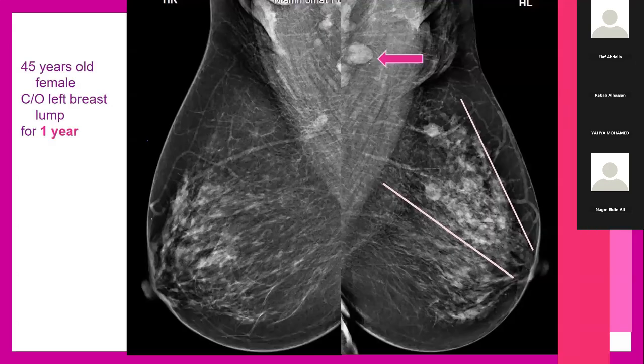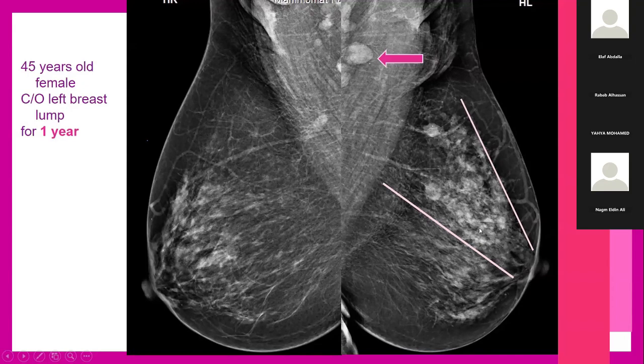The next patient is a 45-year-old female who complained of a left breast lump for 1 year. And this is her mammogram. It demonstrates a segmental asymmetry.